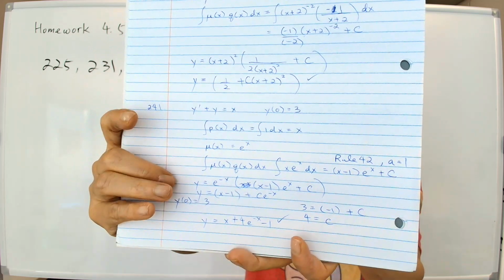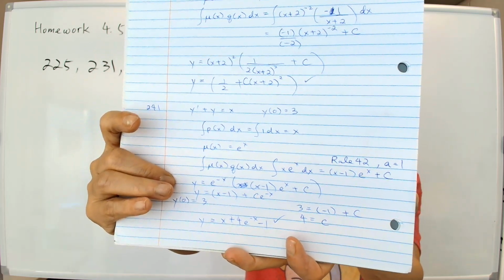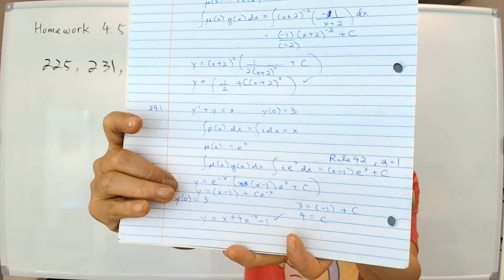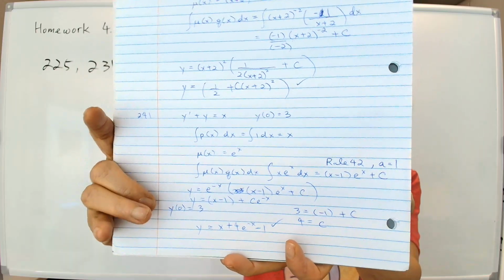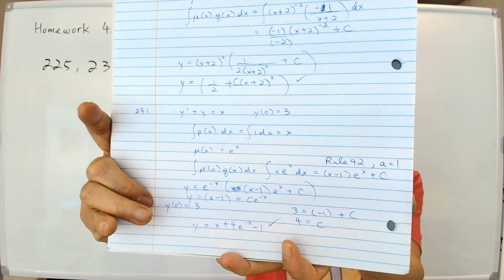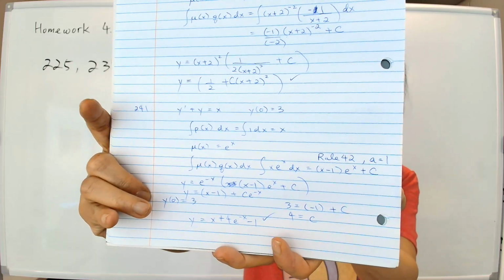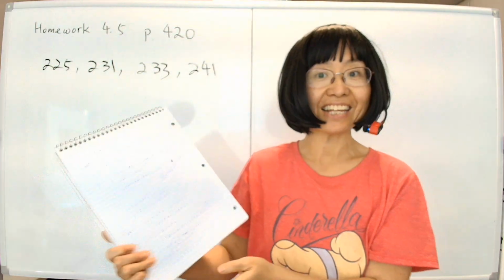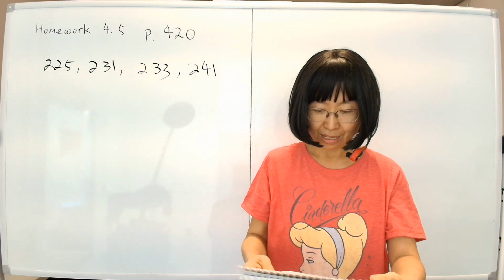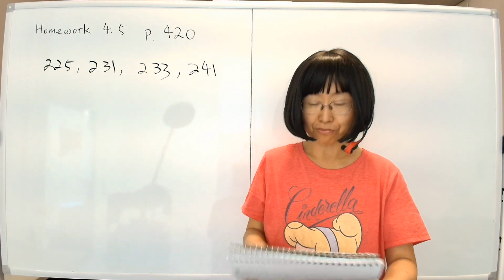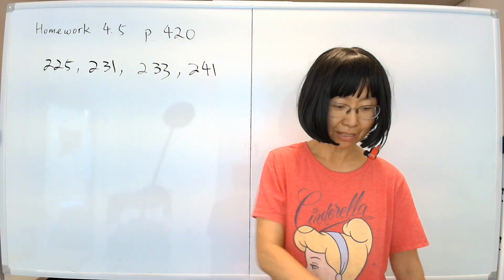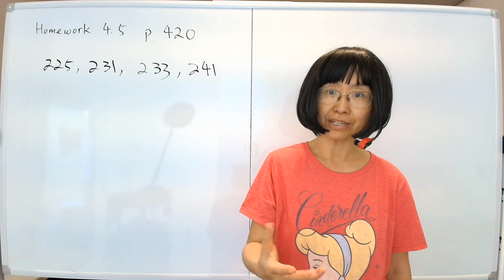Now with that, we have y, then plug in the 1 over mu of x equal to that stuff, and that came out with some kind of an answer. And then we plug in x equal to 0, y equal to 3 to calculate what c is, and c turns out to be 4, and that's the right answer. So that's pretty smooth. Again, these are very easy problems, just so that we can practice the formula of the two-step integration to solve the answer.